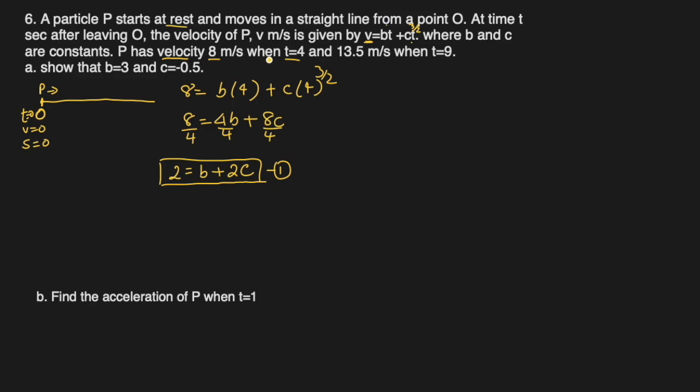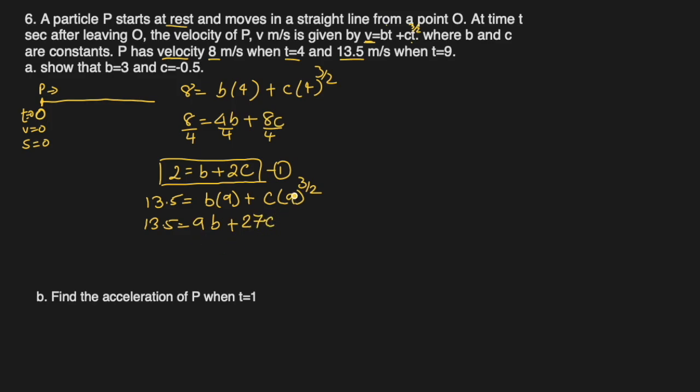Let's do the same thing with the second case. 13.5 is the velocity, so v is 13.5. Time is 9, so b times 9 plus c times 9 to the power 3 over 2. So 13.5 equal to 9b, and this will be 27, plus 27c.